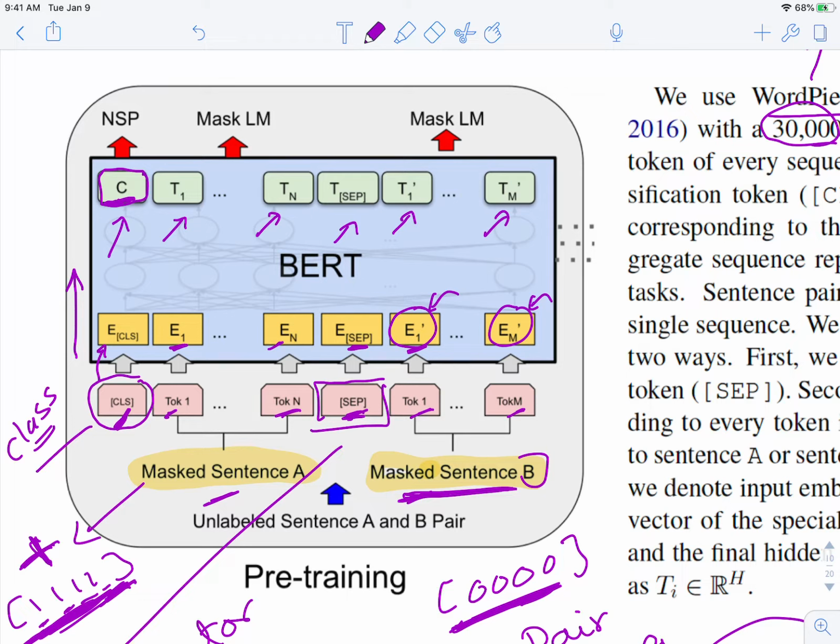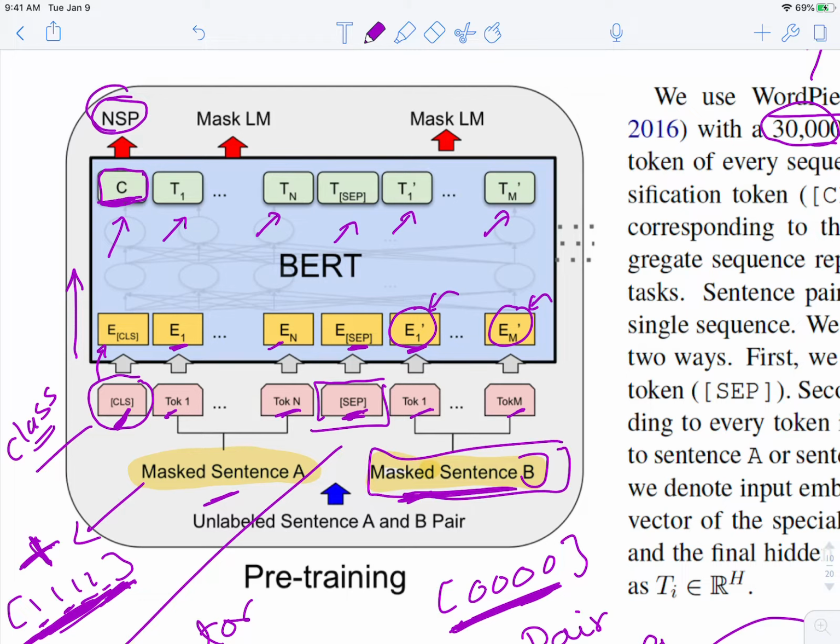Once we do this, we can take this representation, and that's what we will use for next sentence prediction. While we are training BERT, we will say, I have a next sentence, which in this case is this one.